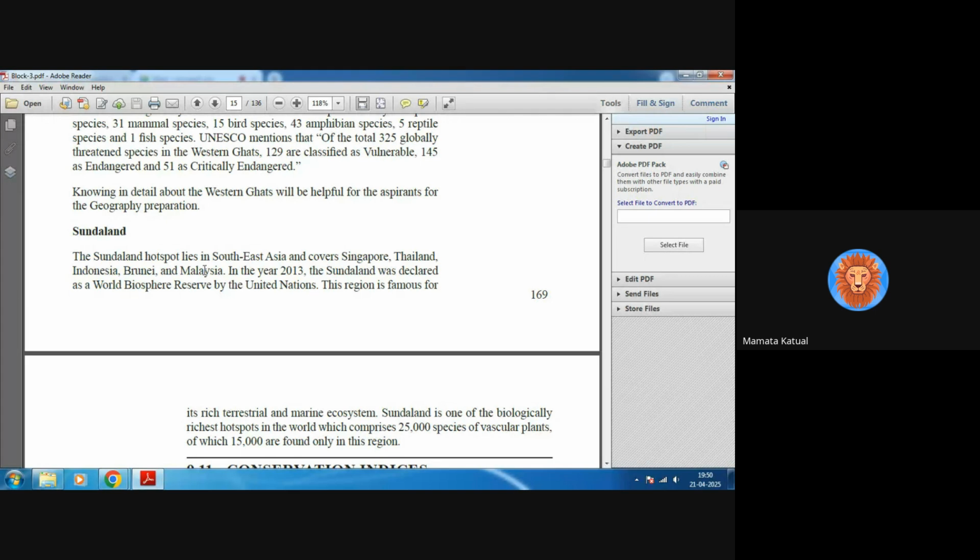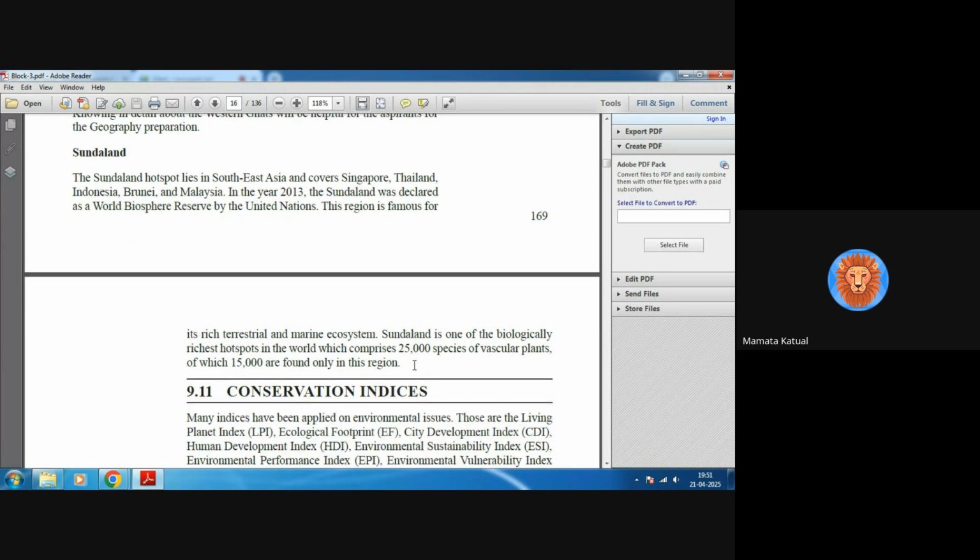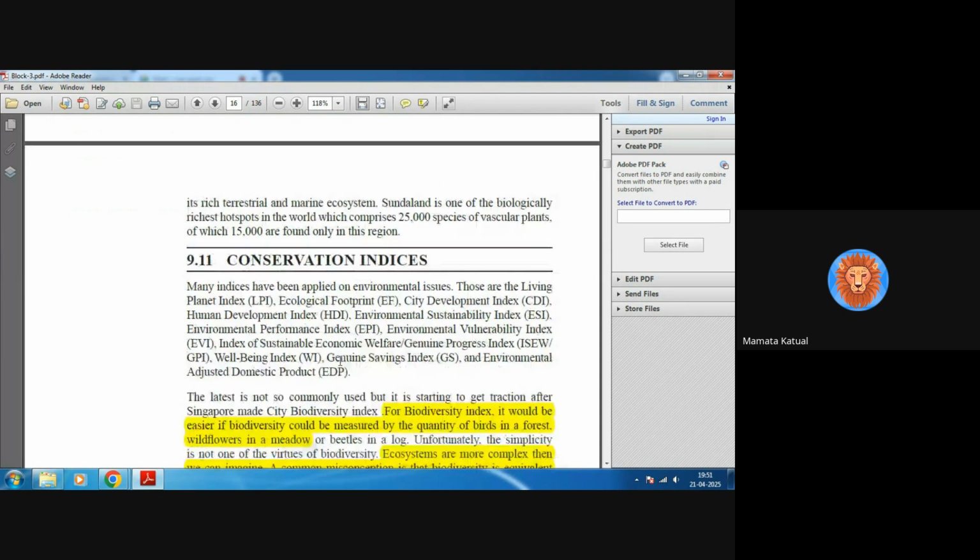So it covers Singapore, Thailand, Indonesia, Brunei, Malaysia, and also some parts of India in Andaman and Nicobar Islands. So in India, the Andaman and Nicobar Islands are included in this hotspot. Here 15,000 endemic species are present.